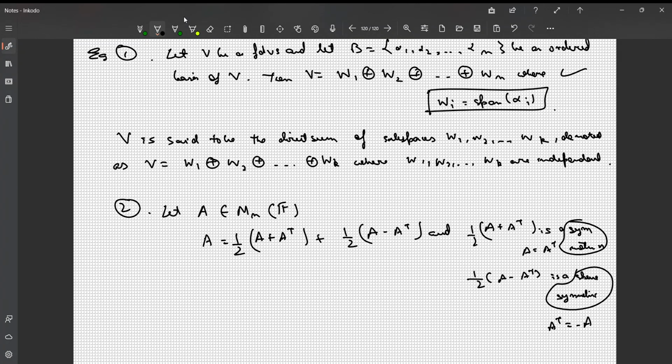So if I consider the vector space of all symmetric matrices and the vector space of all skew symmetric matrices, both are subspaces of, suppose this is V, and their intersection is the zero subspace, right? So therefore M n F is a direct sum of the vector space of all symmetric matrices and the vector space of all skew symmetric matrices. This is one important example.